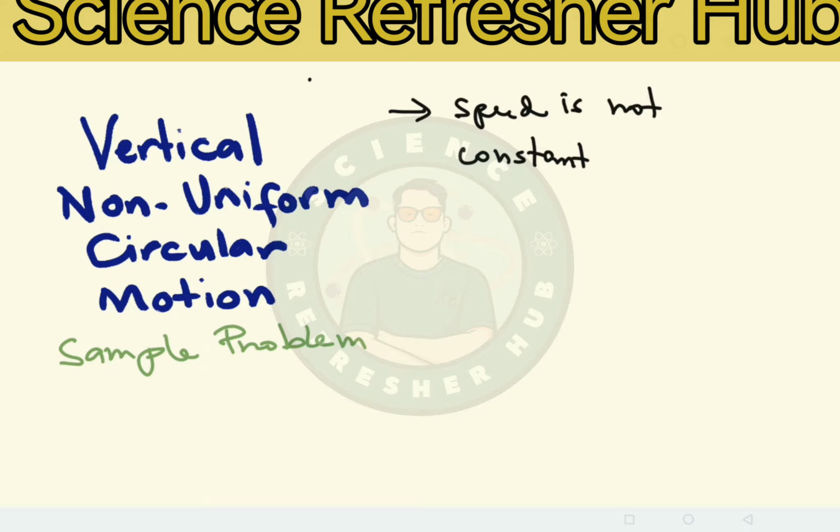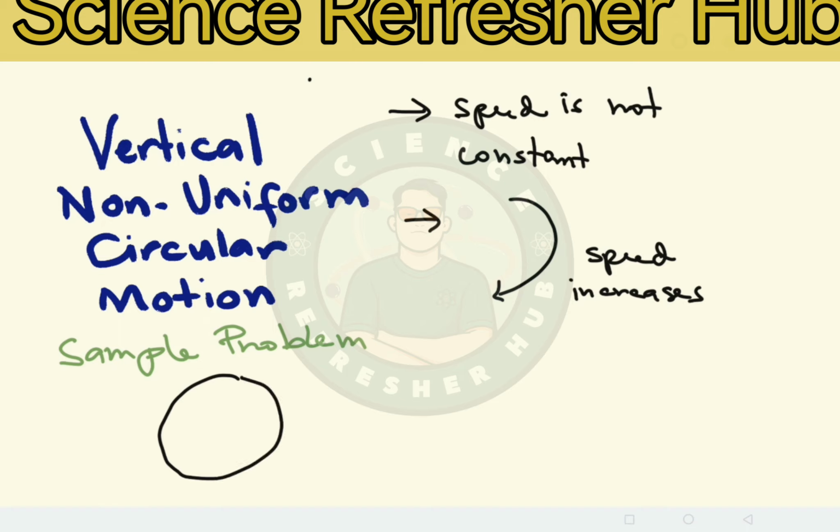And we will be focusing here. Speed is not constant. The motion when the object is going down, say for example, in our vertical circular motion, the speed increases along the circular motion. So when the object goes down, let's say from here and then down in this direction, the speed will increase.